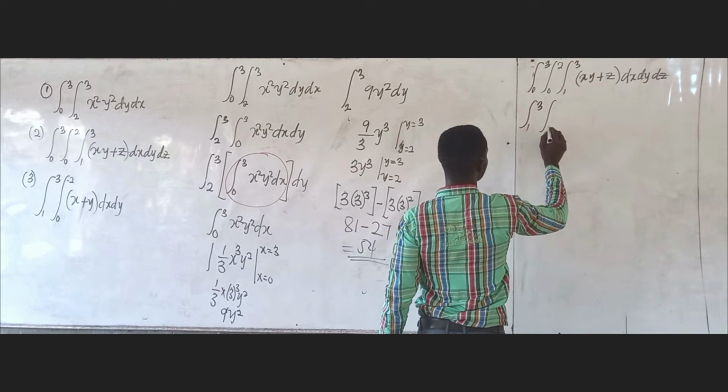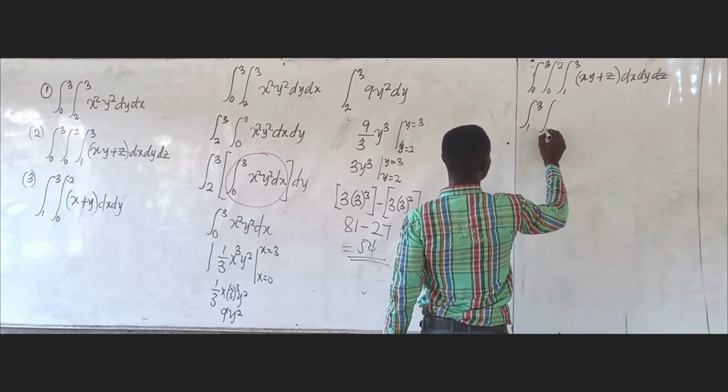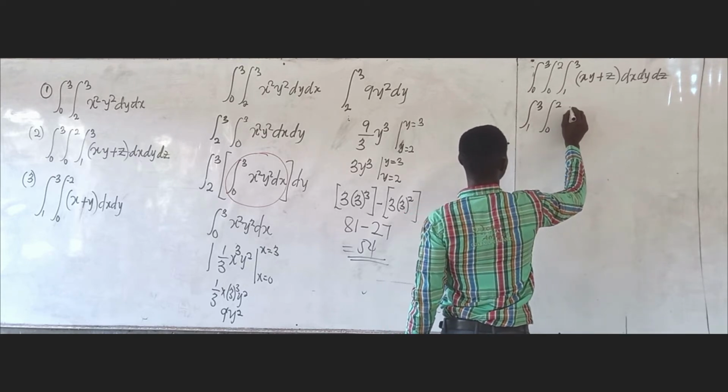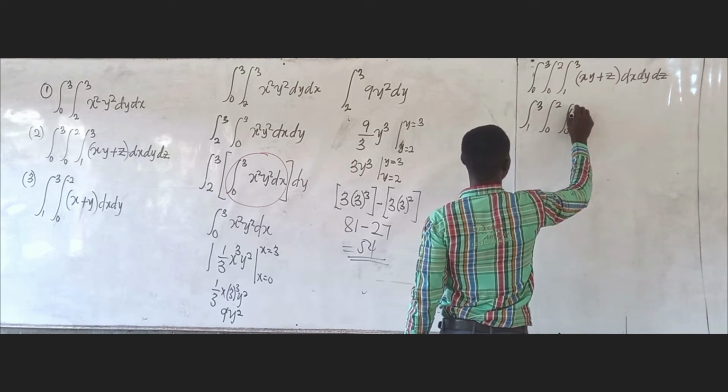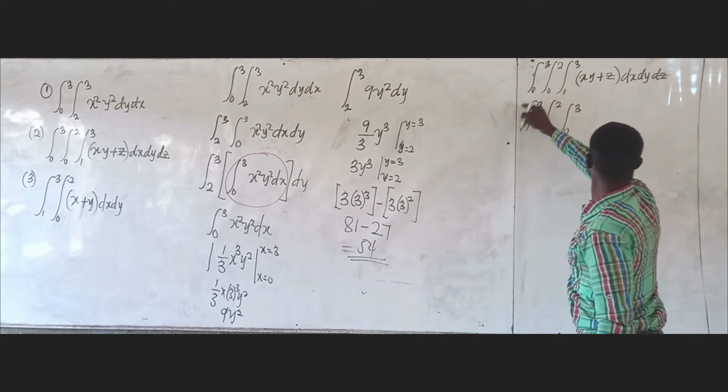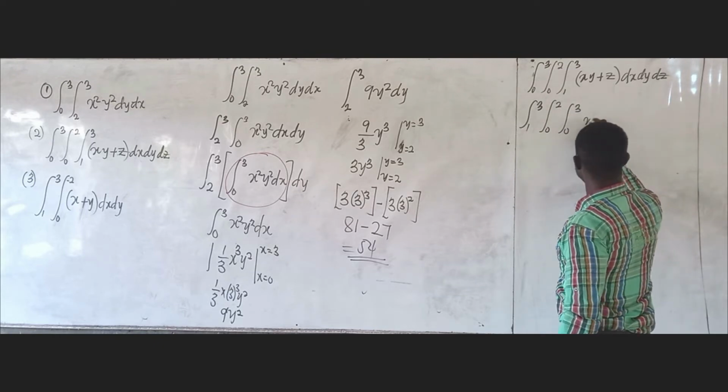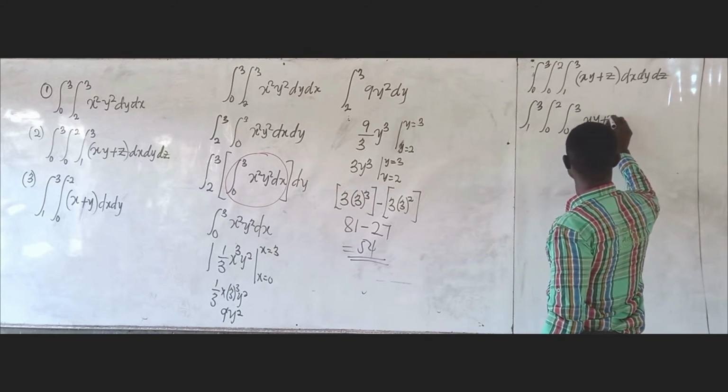So I will rearrange. I will get the integral 1 to 3 for dx, the integral 0 to 2 for dy, and the integral 0 to 3 for dz, of xy plus z.